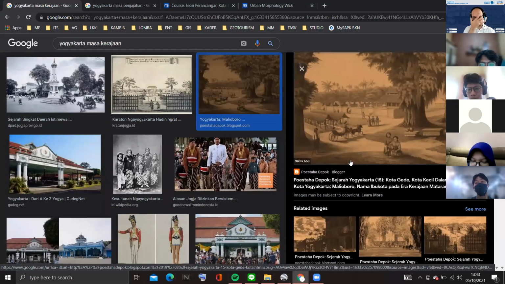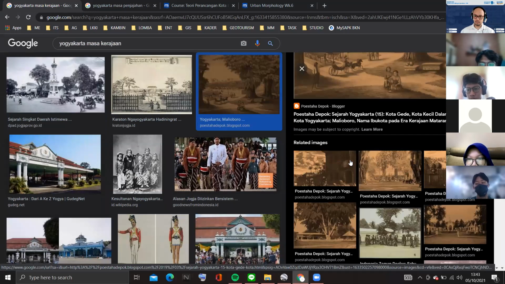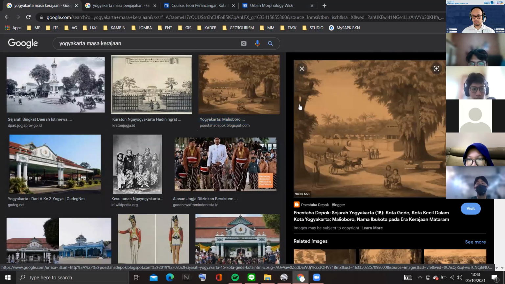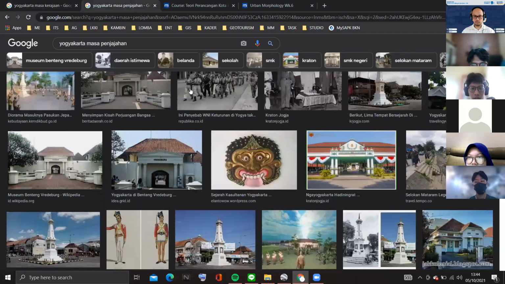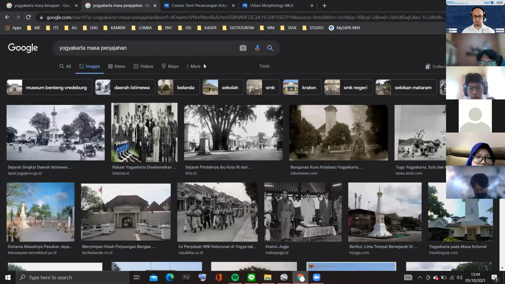So it is very difficult to find a picture in pre-colonial, but the pictures in colonial are quite a lot, I think.